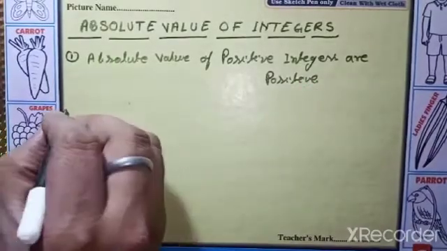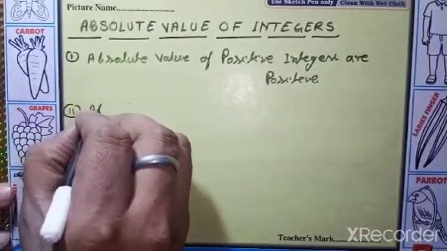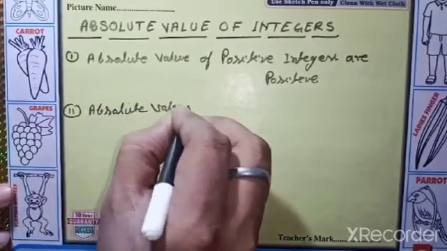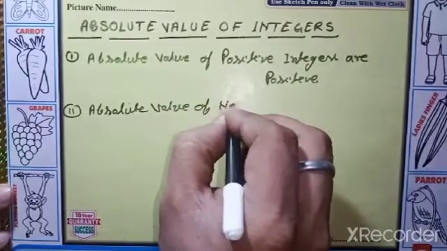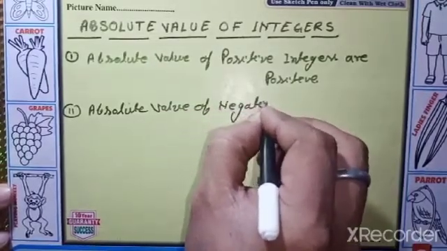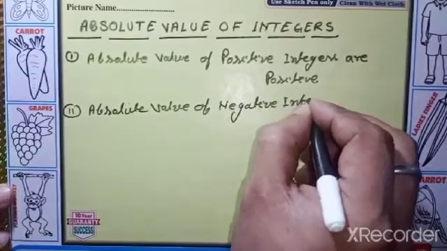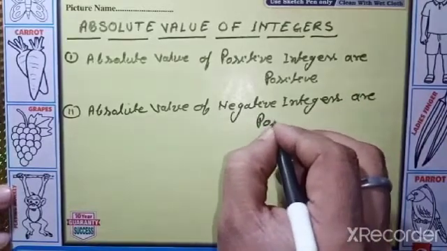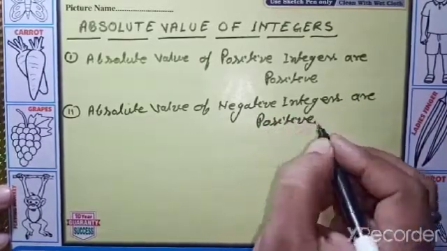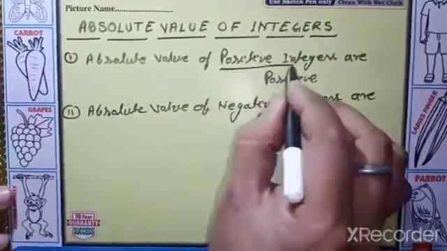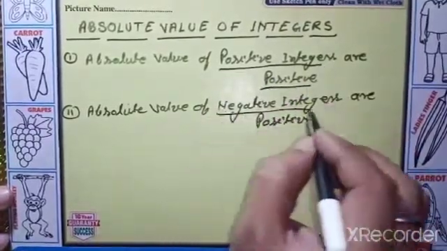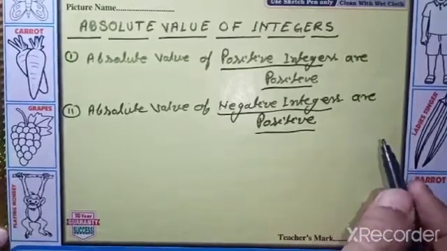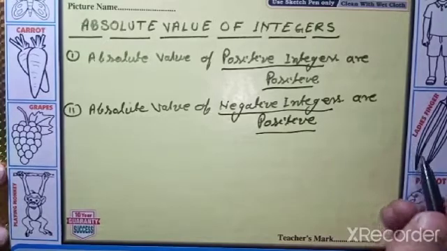Absolute values of negative integers are positive. Absolute value of a positive integer is positive. Absolute value of a negative integer is positive. Means the absolute value of a number is equal to or greater than the given number.